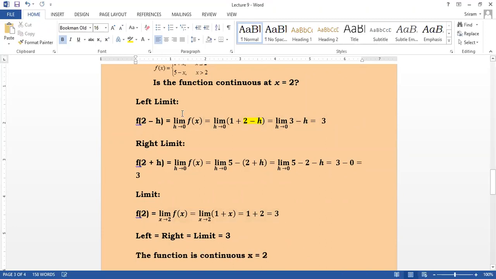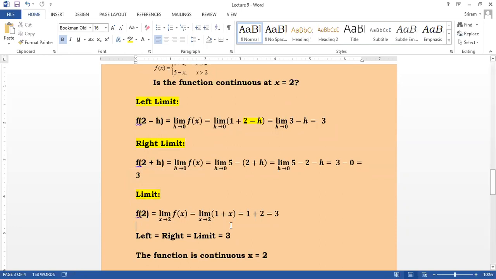So the basic principle to identify whether the function is continuous or not: we are going to find the left limit. For left limit, we apply 2 minus h and take the corresponding function. Then we are going to find the right limit. For right limit, we apply 2 plus h and then take the limit.